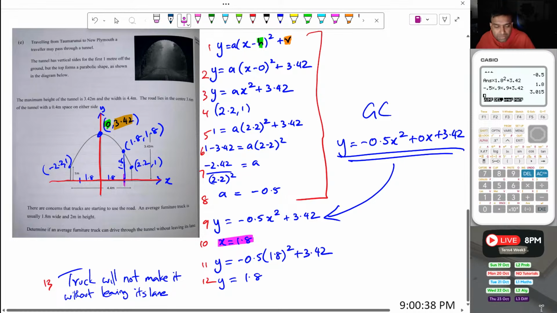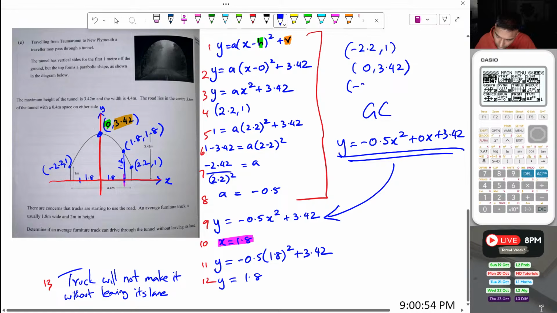Sure. To do this on the graphics calculator, you need 3 points. So we've actually got three points, because our 3 points are negative 2.2, 1, 0 and 3.42, and positive 2.2, 1.